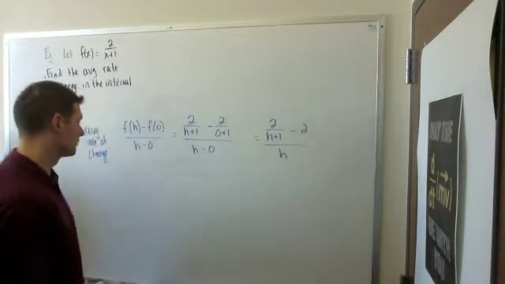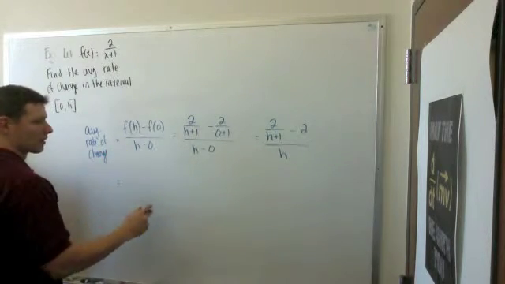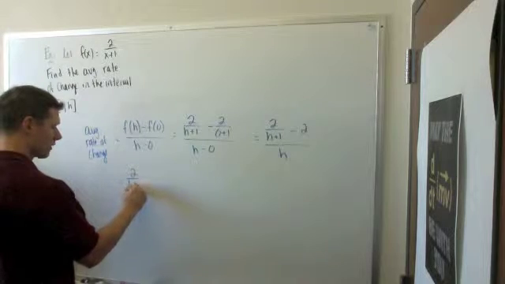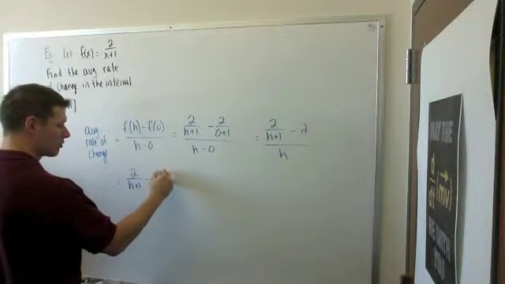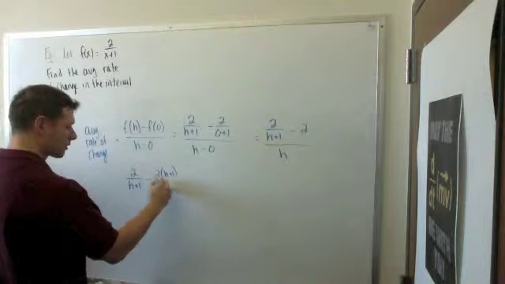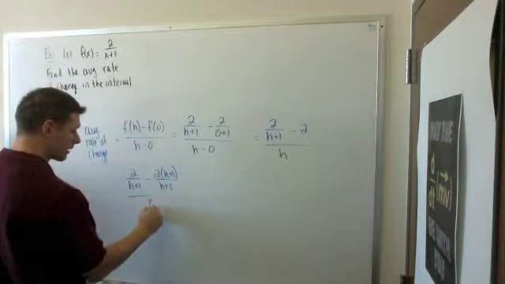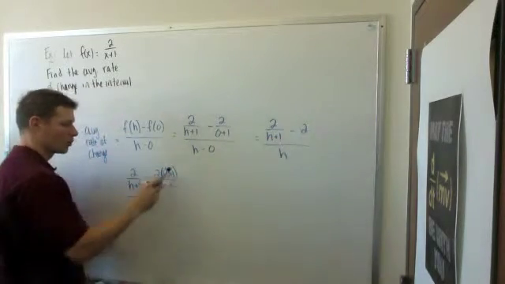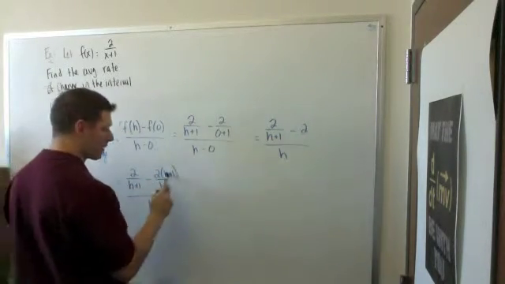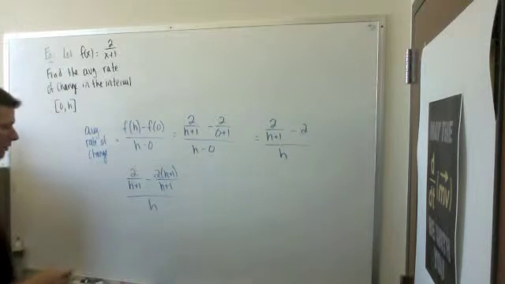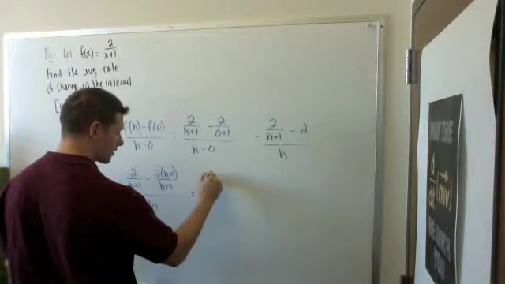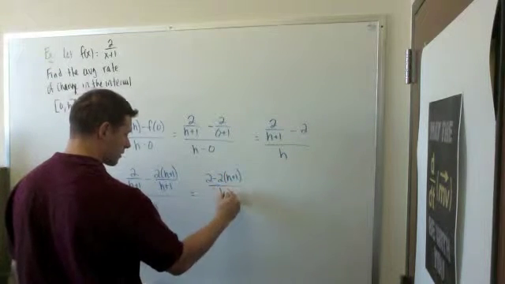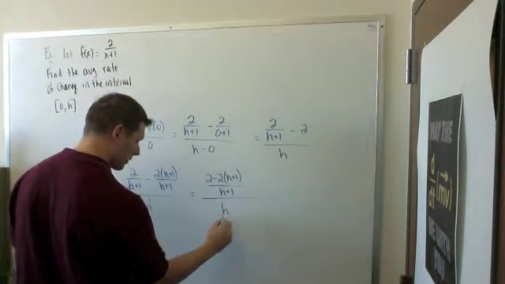Now we need a common denominator. So let's get a common denominator between these two. It's h plus 1. So I'll have 2 over h plus 1 minus 2 times h plus 1 over h plus 1 divided by h. Again, this is equivalent to the fraction 2. Okay, multiply top and bottom by the same thing, top and bottom by h plus 1. So I can therefore subtract those on the numerator, and I'll get 2 minus 2 times h plus 1 divided by h plus 1 all divided by h.